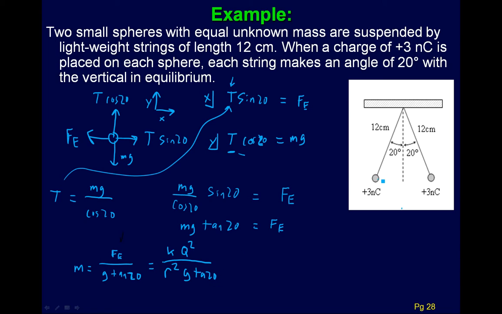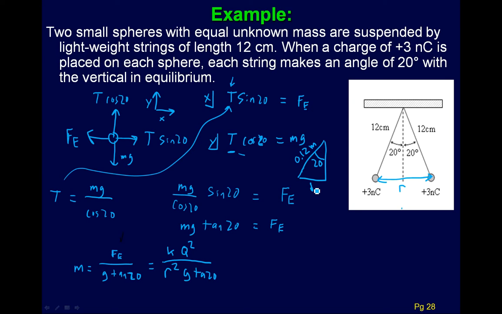What is the r? Well, the r is the distance between our two charges. So I would call that the r. And if we blow that triangle up a little bit, it's going to look something kind of like this. Now we're told that this side is 0.12 meters and that this angle is 20 degrees.